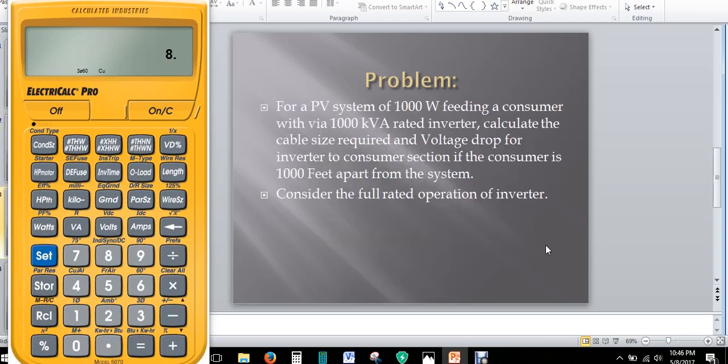In terms of figurative value, let's assume the PV system is of 1000 watts with the inverter rated at 1000 kVA for the full capacity, and the consumer is situated at around 1000 feet apart from the system. So we have to calculate the copper wire size required, and the voltage drop that's going to be applicable.